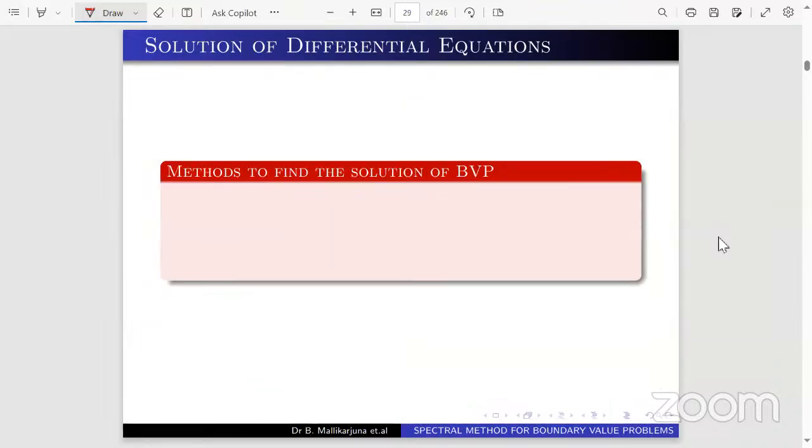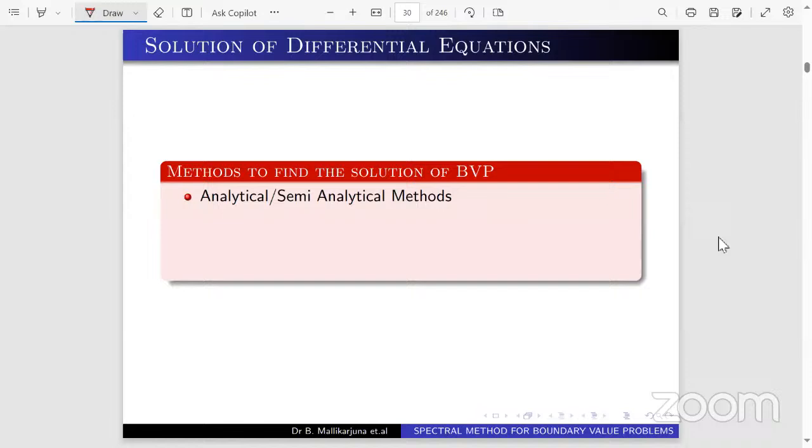Now, the final ultimate goal is how to find the solutions of boundary value problems, which can be formulated from any physical model. This is called the mathematical model. For those mathematical equations, how do you find the solution? Academically, we have seen analytical solutions, just listed for free falling body and predator prey models.